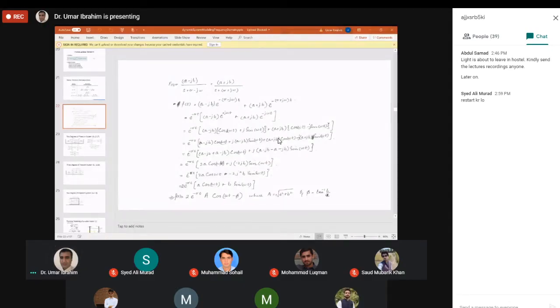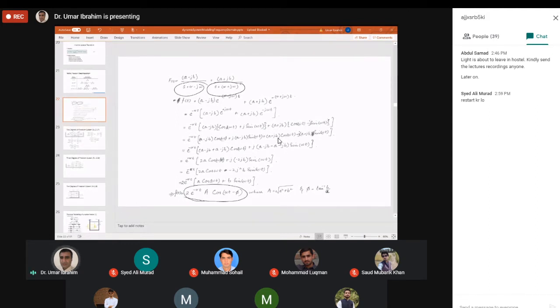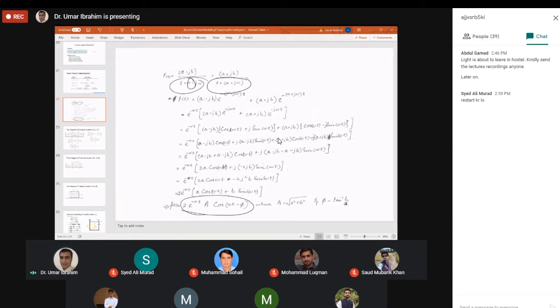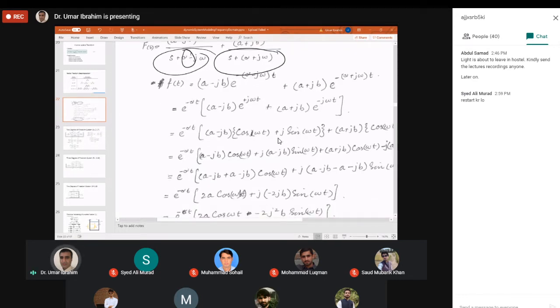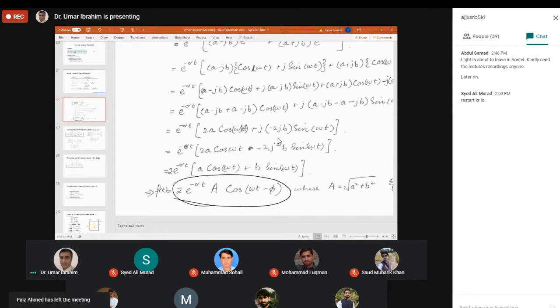Yes, sir. So if you can see, if we have 2 complex poles, then the final solution is 2e raised to the power minus sigma, this is the real part, into cos omega t minus phi.